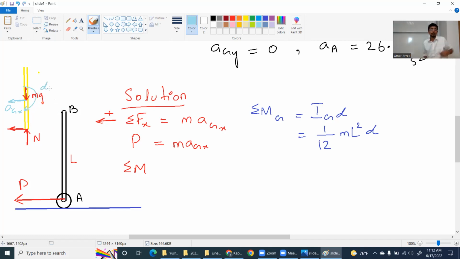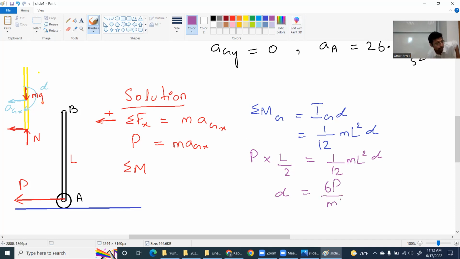Alpha. So now I will be left with, as one of the students told us, P multiplied by L by 2. That will be clockwise, will give me 1 over 12 ml square alpha, clockwise. So P comes out to be m L alpha by 6 and alpha comes out to be 6P by mL.